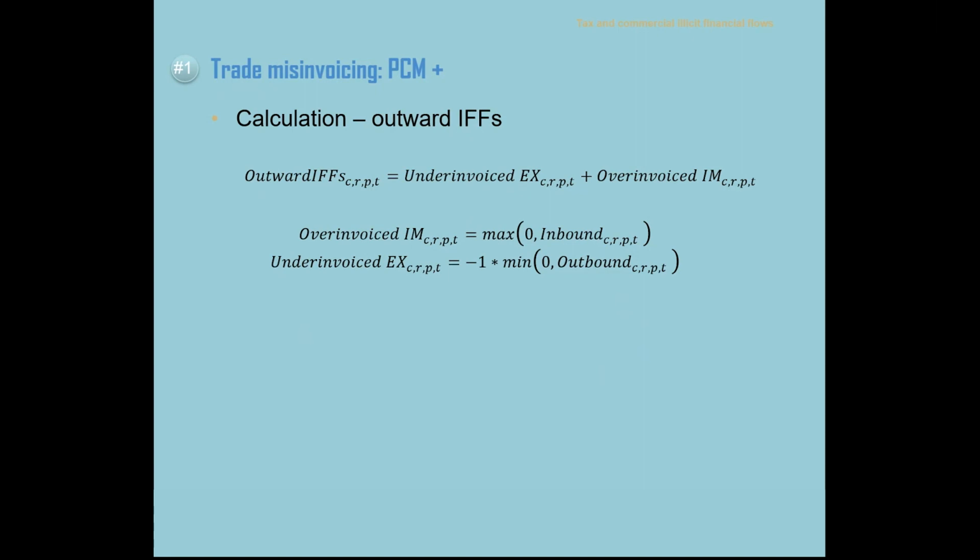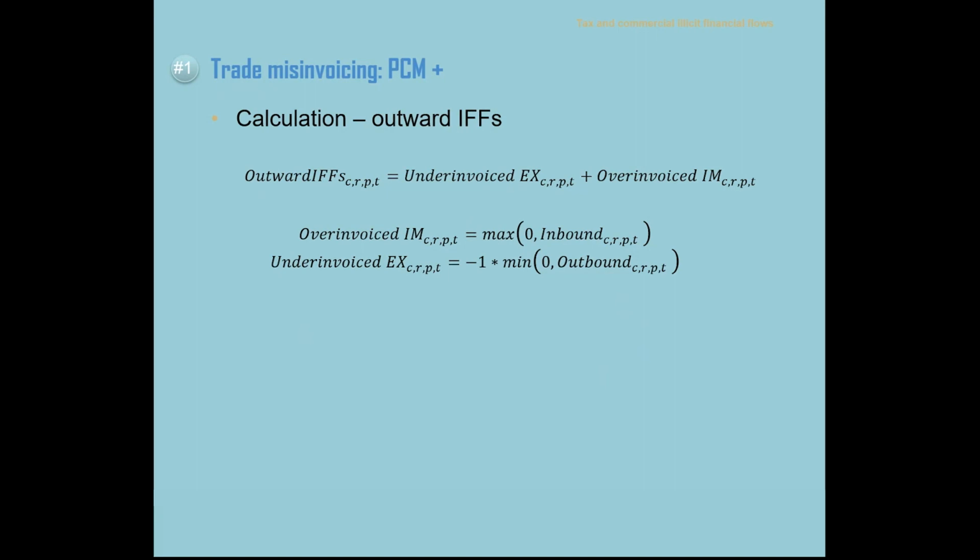The over-invoiced import is calculated as a positive value of inbound flows, and the under-invoiced exports as a negative value of the outbound flows. Please again note there is a -1 there to ensure that all the values we are operating with are positive, so that nothing gets canceled out.